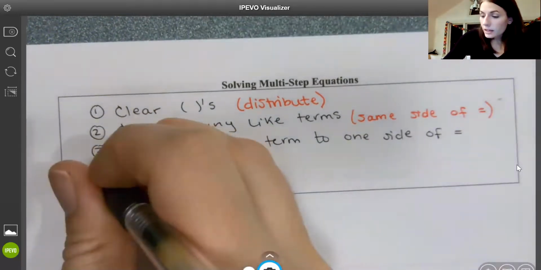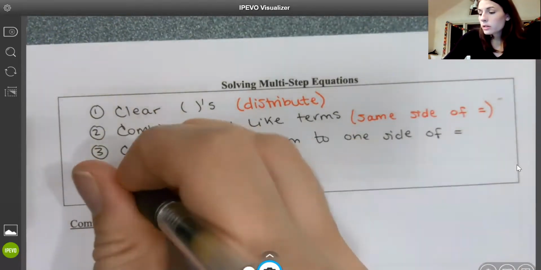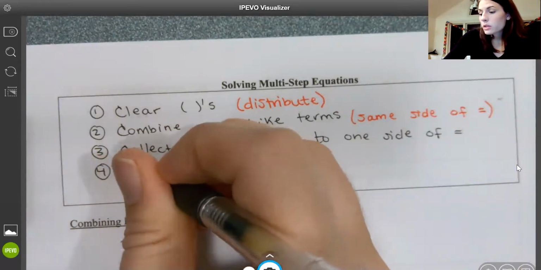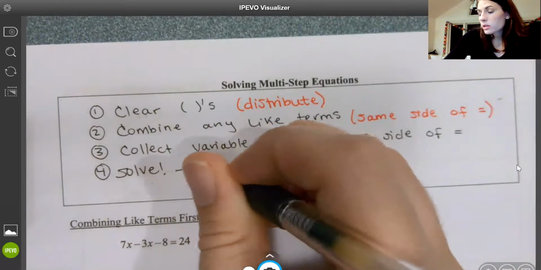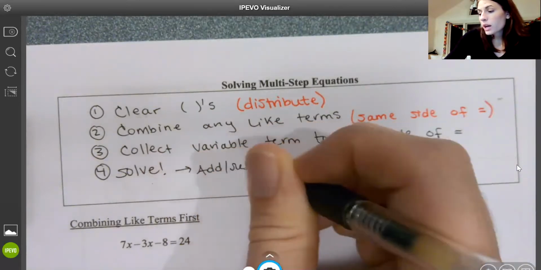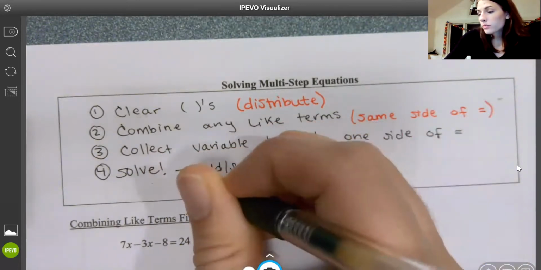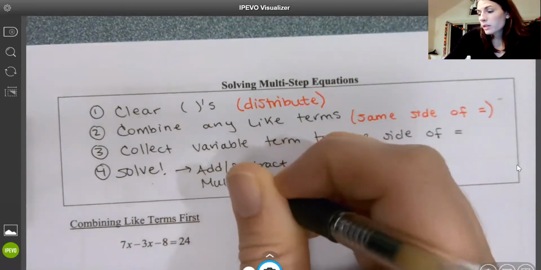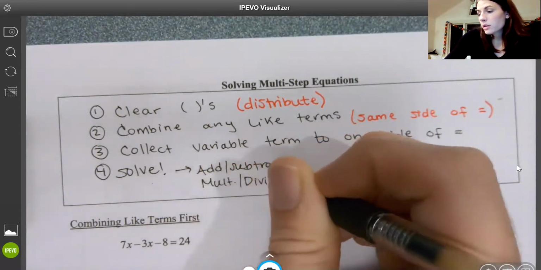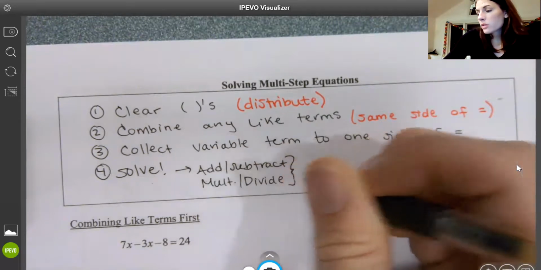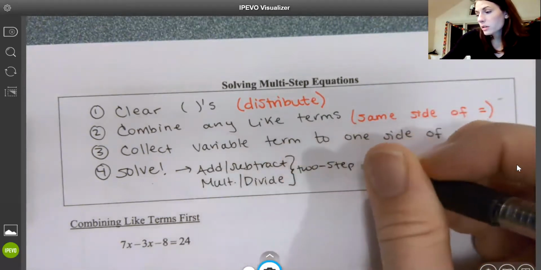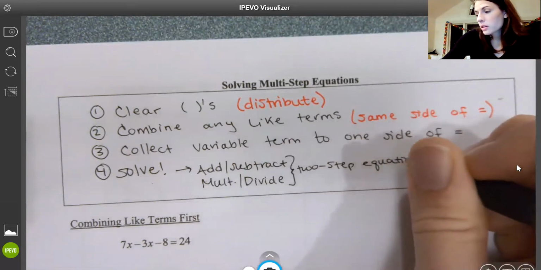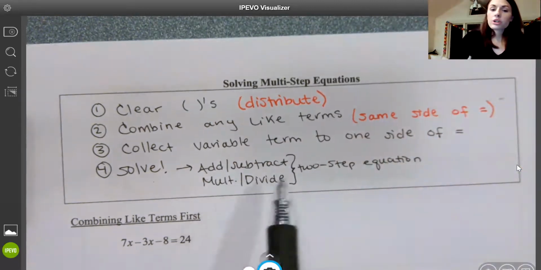Once we've done that, now we're solving. And so we solve by first adding or subtracting, and then multiply, divide. So once we get to the solve step, this is really what we had just been doing, where now we're at our two-step equation.